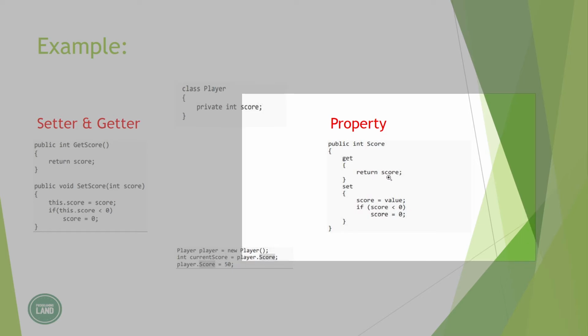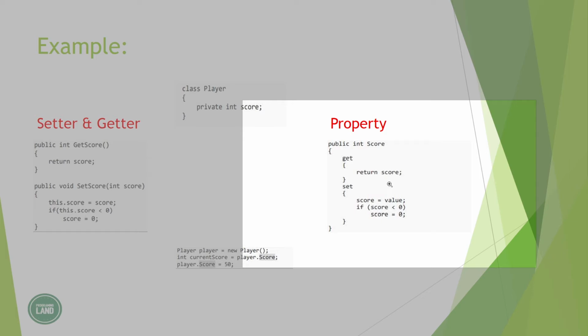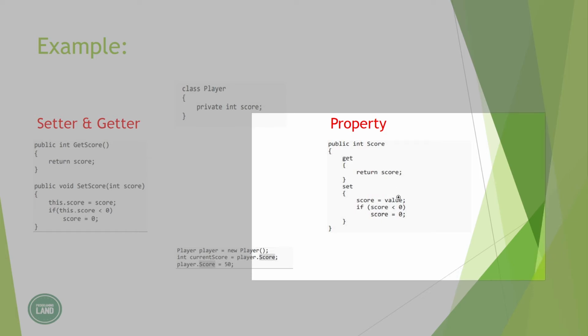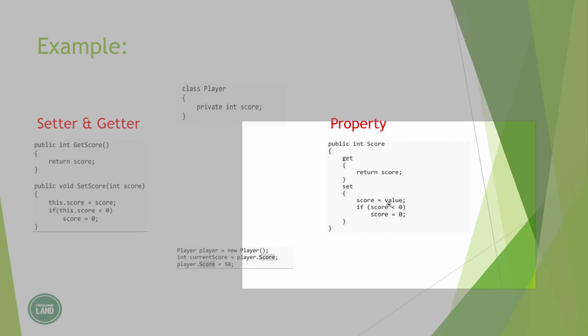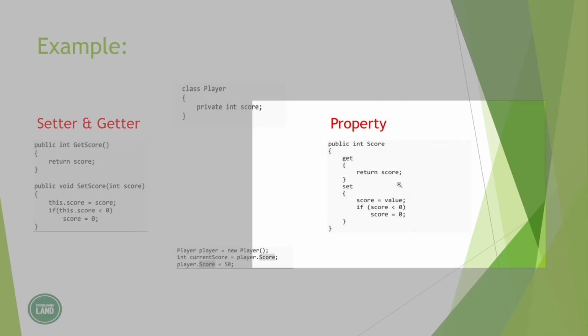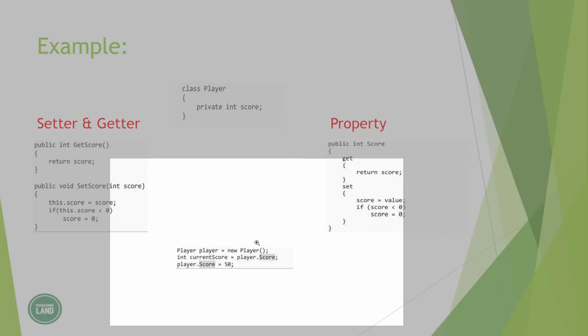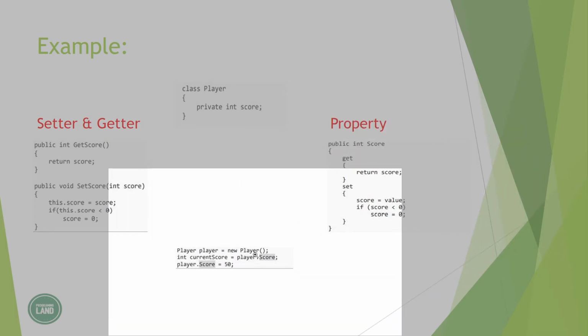And here we have get. Between these curly brackets, it returns score, and we have set here to set the new value. But what is this keyword value? This keyword value is the new value that you want to assign. This is the way we use property. Here we create a new object, for example player, and right here as you see player.score equals 50.